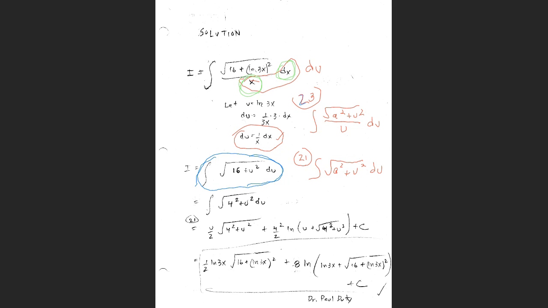But the problem comes here. Well, there's a little more to it than that. But yes, it's the log of 3x under the square root sign that's causing formula 23 to not work. That's right.